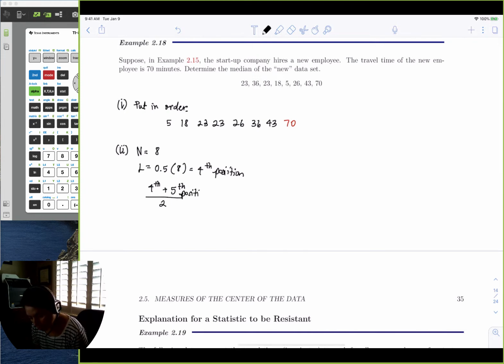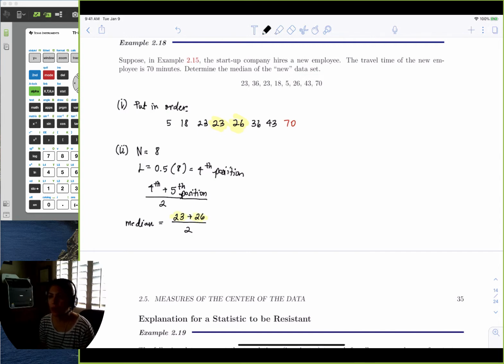Okay, and so then the median is going to be equal to the 4th position, 1, 2, 3, 4, 23, and 26, and the average, right? So 23 plus 26 divided by 2. If I put that in the calculator, I would get a value of 24.5 minutes.